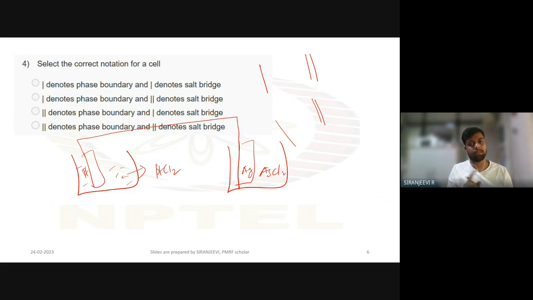In so many places, the professor has used this way of representation. Suppose A is a solid which is in the ACl solution, and then it is in the salt bridge, and then B is a solid and BCl is a solution. How will you do it for this one?